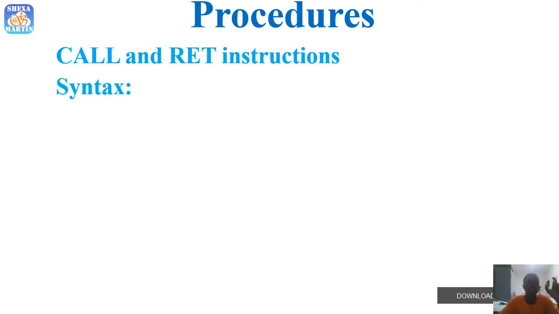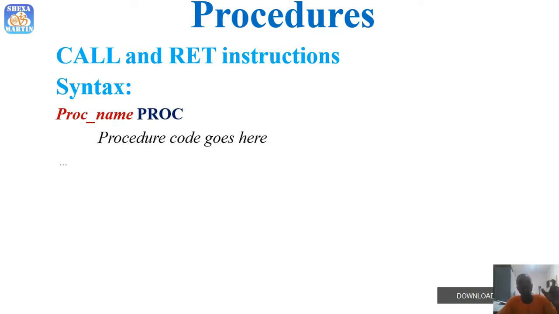What's the syntax for procedure definition? You say procedure name, then you say PROC, then the procedure code goes here with some instructions, and then you say return. When you want to call this procedure, that's when you use the term call. But when you want to end the procedure, that's when you say return, which is RET.